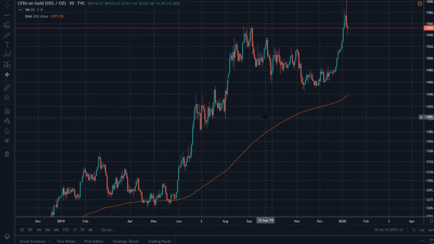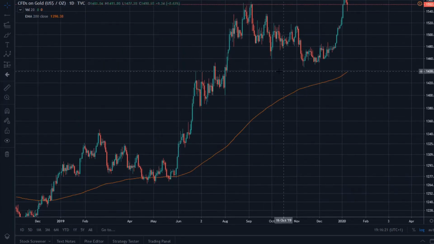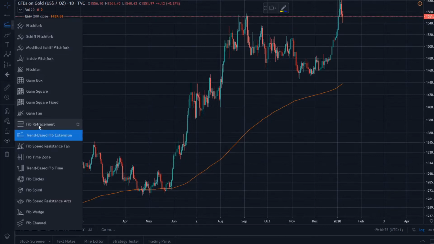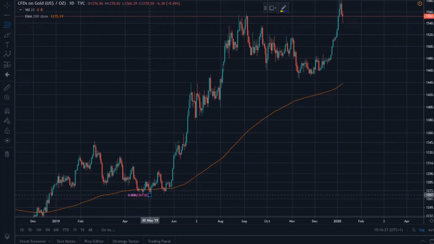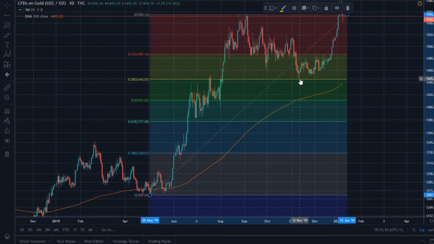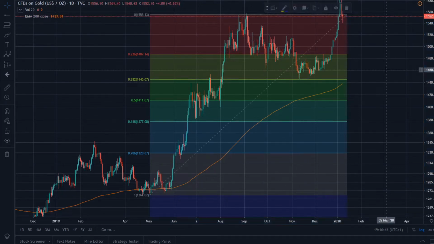I mean, following this move down, we got this low right here. If we use retracements from down here all the way up there, this could be determined. So this was obviously the high of the previous move, and you could use those Fibonacci retracements to determine this turning point basically.